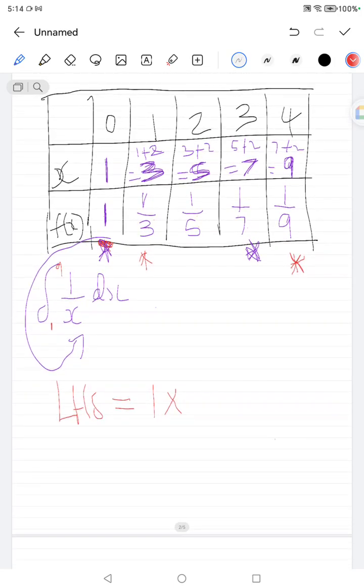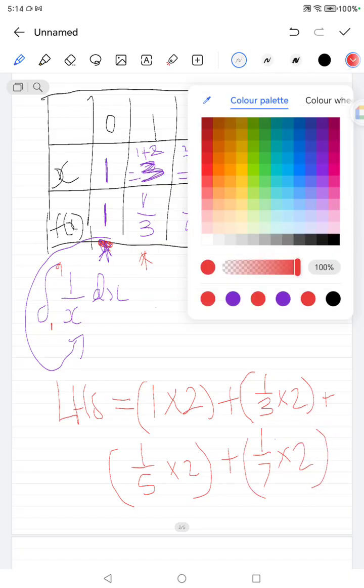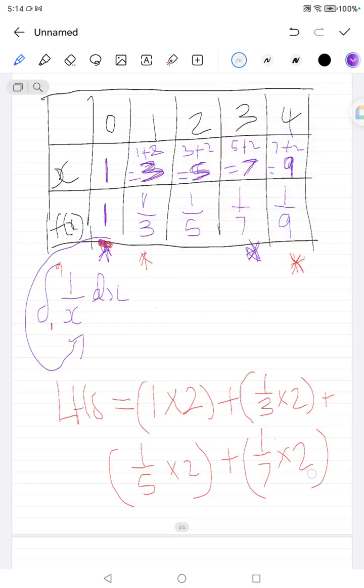Then you have your 1 multiplied by 2, plus your 1 over 3 multiplied by 2, plus your 1 over 5 multiplied by 2, plus your 1 over 7 multiplied by 2. Remember, this 2 is where you got your delta x.